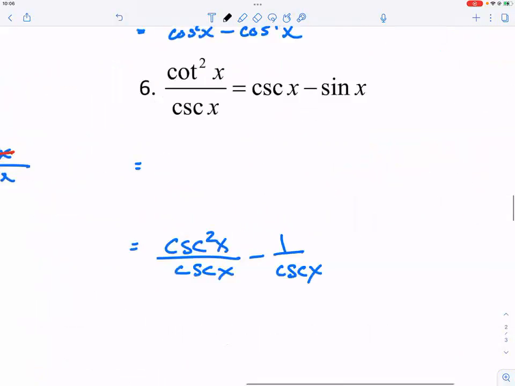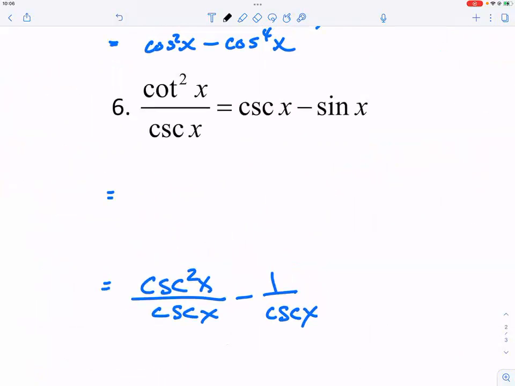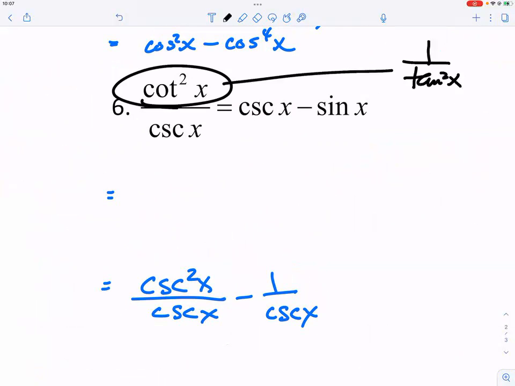Okay. All right, now what about here? For cotangent square x, is it better to think about 1 over tangent square x, or is it better to think about this as cosecant square x minus 1? The bottom one.